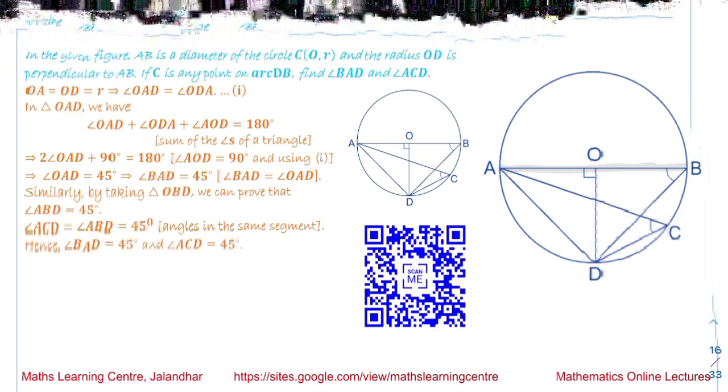So the value of this angle is 28 degrees, because both these angles are equal to each other. So first we had to calculate the value of angle DBC, and we have obtained the value as 28 degrees.